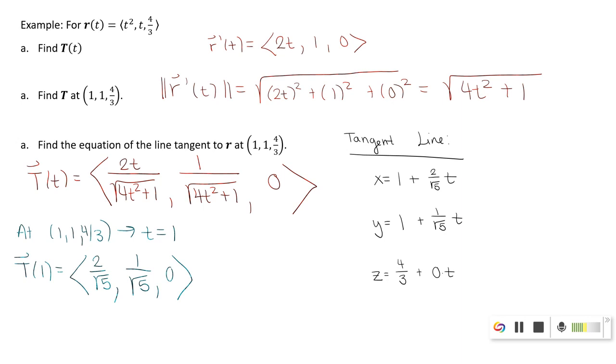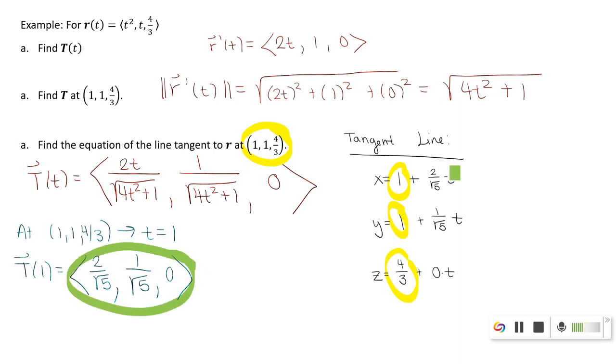And so my point was, here it is, (1, 1, 4/3). And then my direction vector is my tangent vector. And so I got x equals 1 plus 2 over root 5 t, y equals 1 plus 1 over root 5 t, and then z equals 4/3 plus 0t.